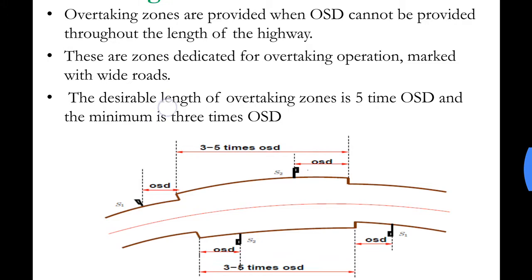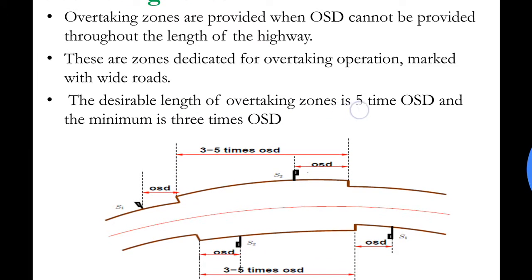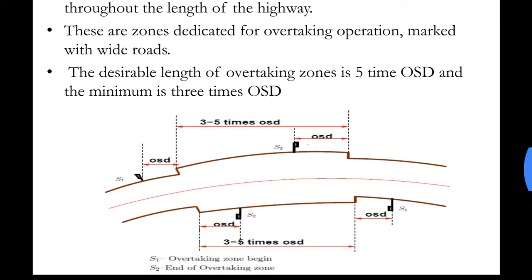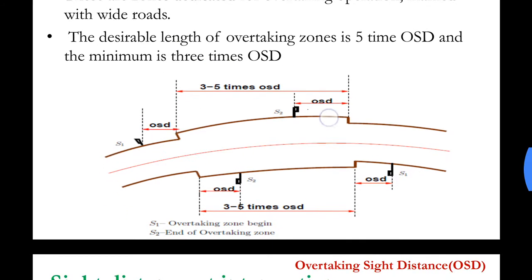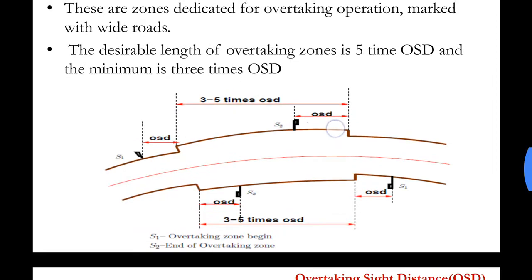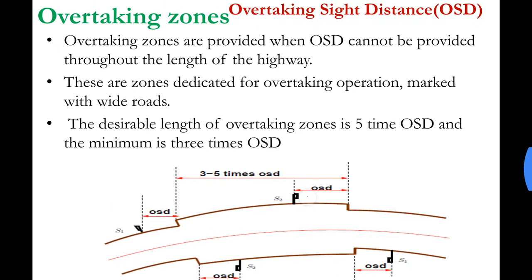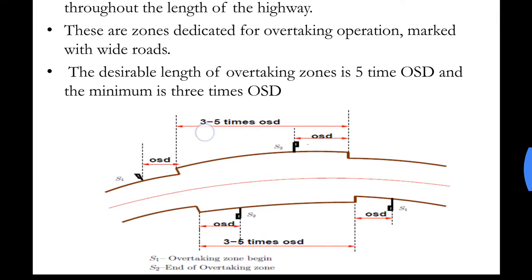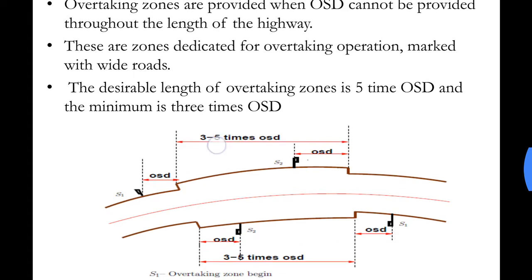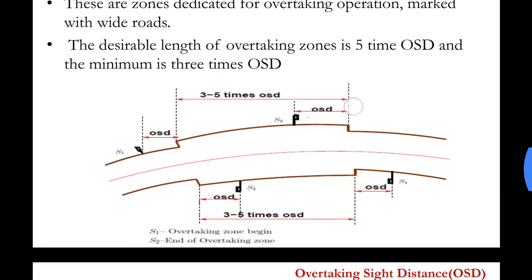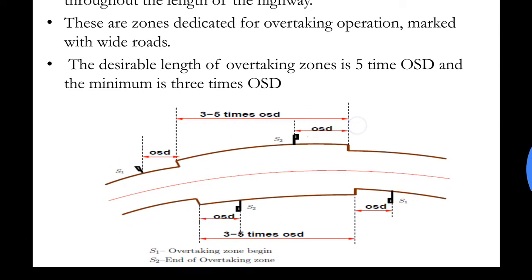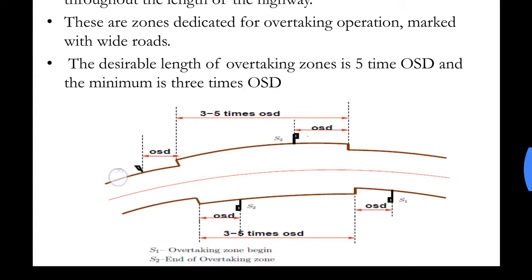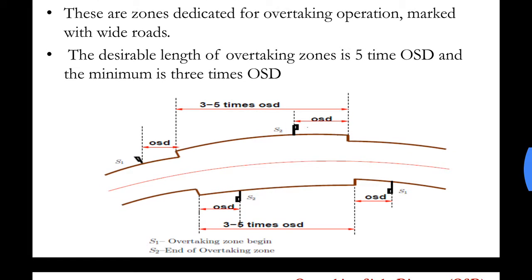The desirable length of overtaking zones is 5 times OHD and the minimum is 3 times OHD. So it is desired that the length should be 5 times OHD, but a minimum of 3 times OHD should be provided. We also provide signposts here. You can see S1 and S2.